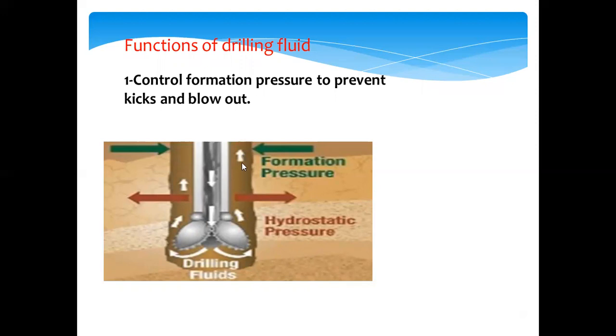And that drilling fluid exerts a pressure called hydrostatic pressure that is important to hold back the formation pressure. Generally, the hydrostatic pressure is sufficient to hold back the formation pressure and to prevent kicks and blowout.